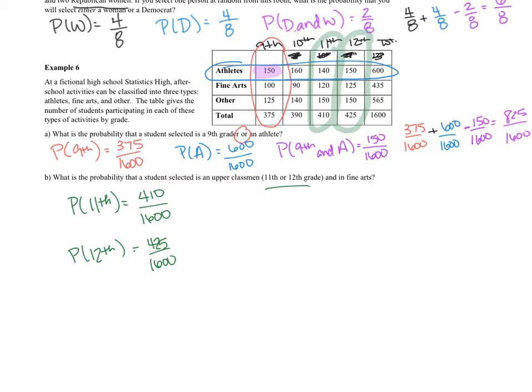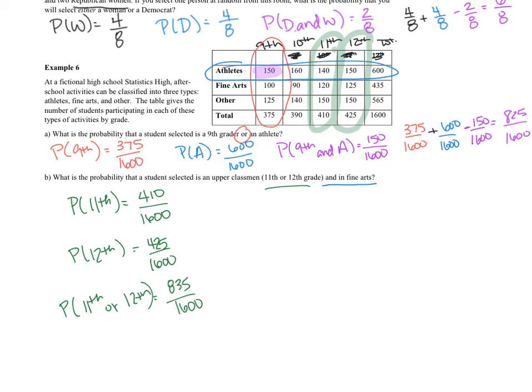The second part says, though, out of these people, how many people is that total? So the probability of being in 11th or 12th, adding those events up, is equal to 835 out of 1600.